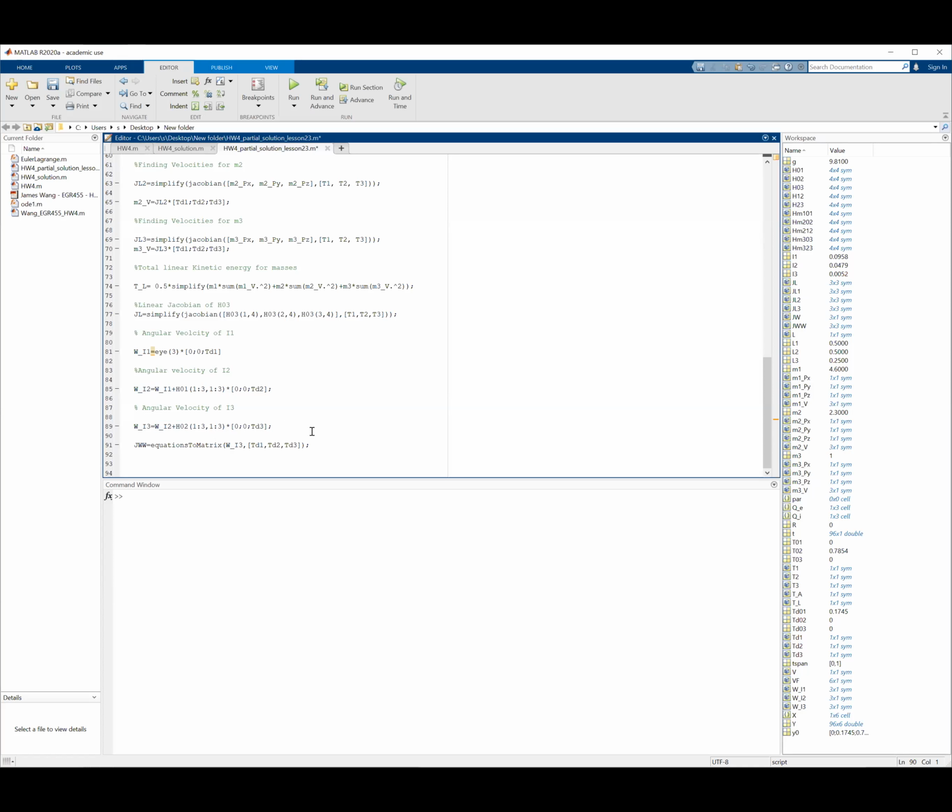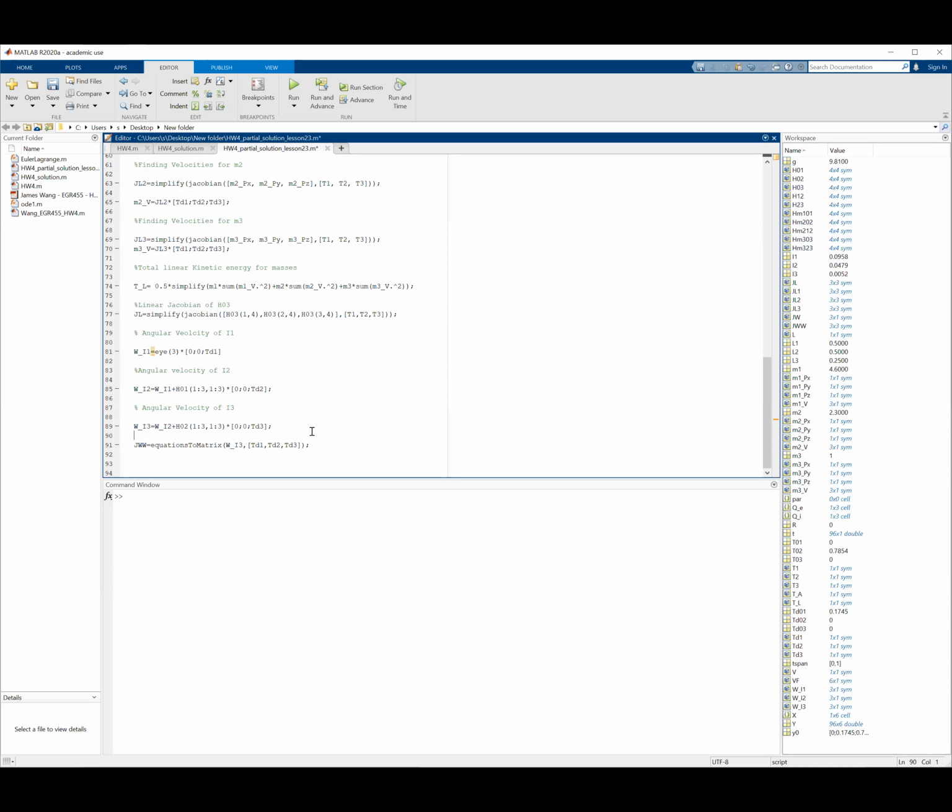Now, some of you may ask me, why don't I have H03? The reason is that we don't have theta 4. We don't have theta 4 dot. If you think about what H03 is, from a physical systems point of view, H03 gives me the relationship between the angular velocity or the position of the end effector with respect to the zeroth frame.